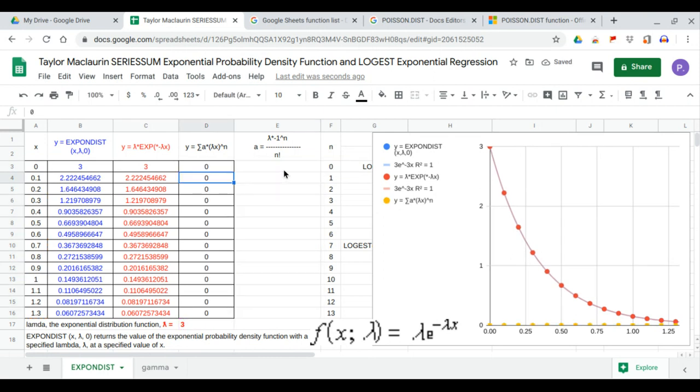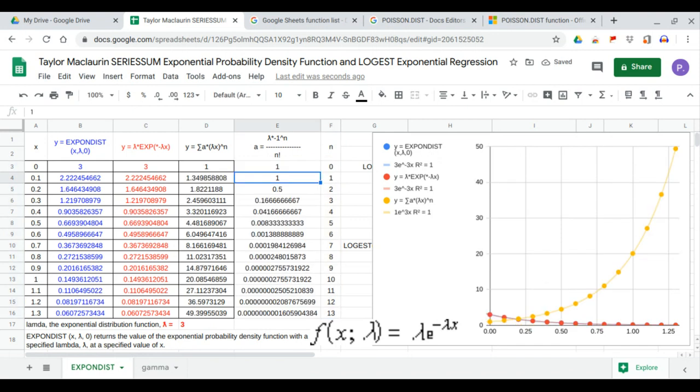Now we can work on the coefficients. It is equal to an array formula. Let's begin with the denominator. So 1 over factorial of n. Now that we have the denominator, let's continue with the numerator. So there are two factors: negative 1 to the power n, and there's lambda.